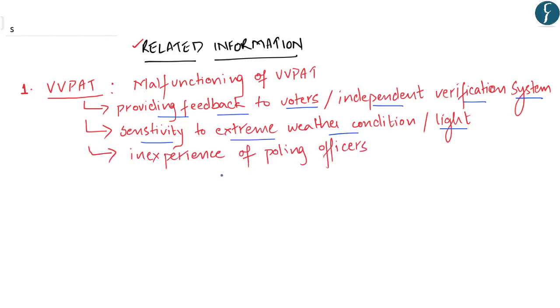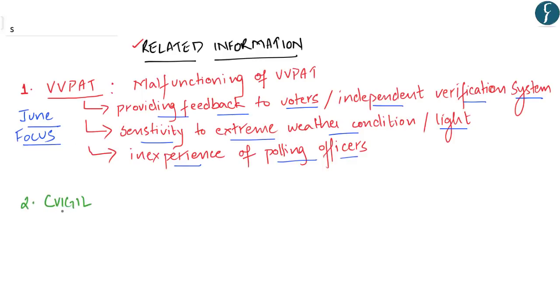In addition to the technical glitches, the Election Commission has also blamed the relative inexperience of the polling officers who were handling the VVPAT. Now, this entire issue of the VVPAT malfunctioning has been covered in the June Focus in in-depth detail. You can refer to the Focus for additional information.